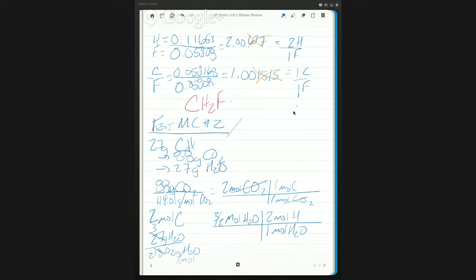Because you see here, see the 2? So for every 1 mole of a water molecule, you end up with 2 H's out of that, okay? So when those cancel out, I'm sorry, the 2's cancel here, leaving you with 3 moles of hydrogen, okay?